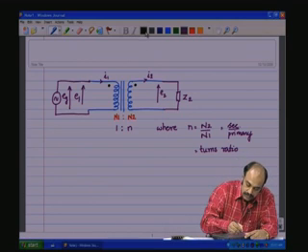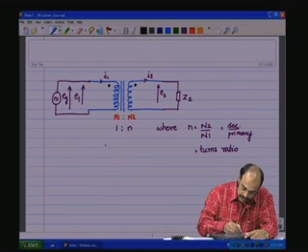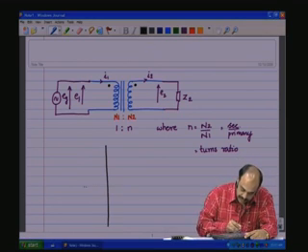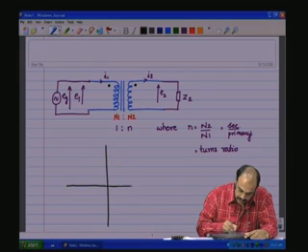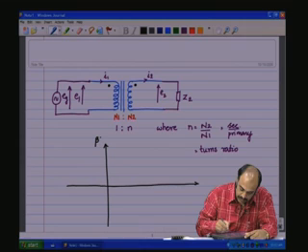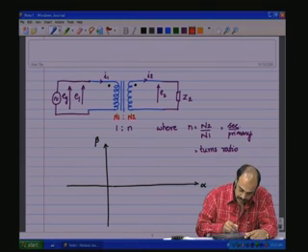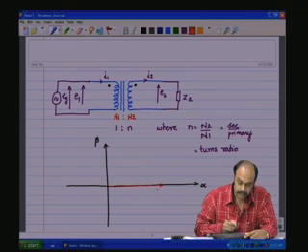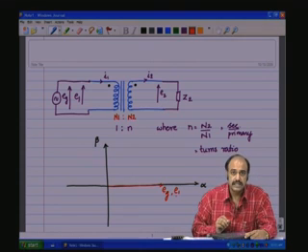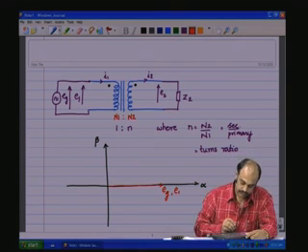So, we saw the phasor diagram in the spatial coordinates, that is the alpha beta coordinates. EG and E1 are in phase because they are one and the same voltage.